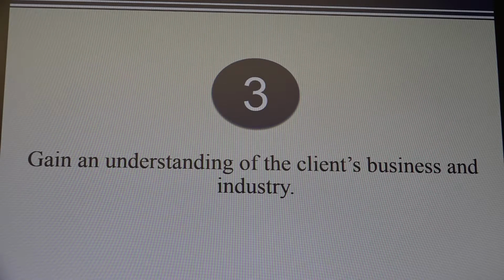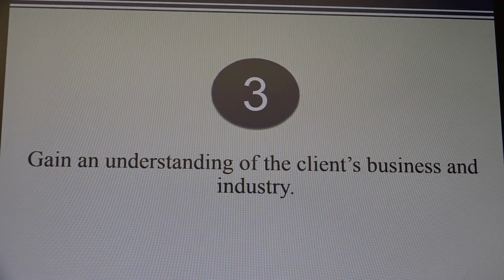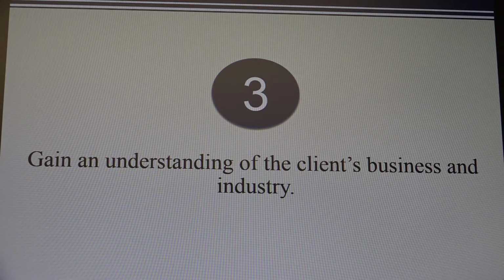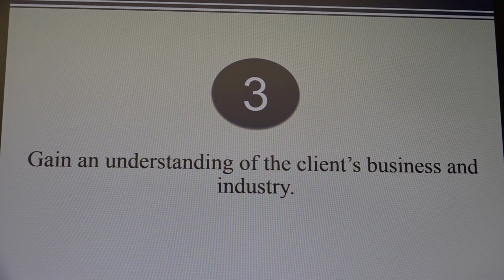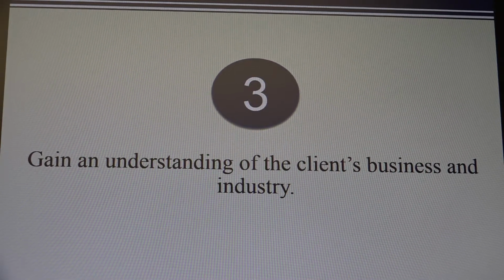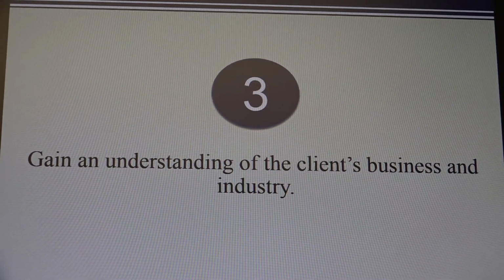Next thing you want to do, once you have accepted the client and performed initial audit planning, is gain an understanding of the client's business and industry.